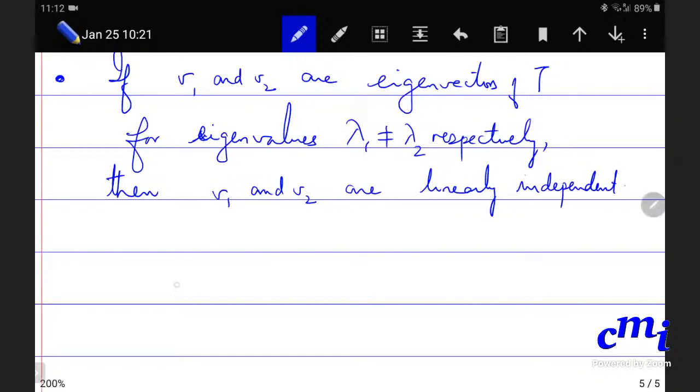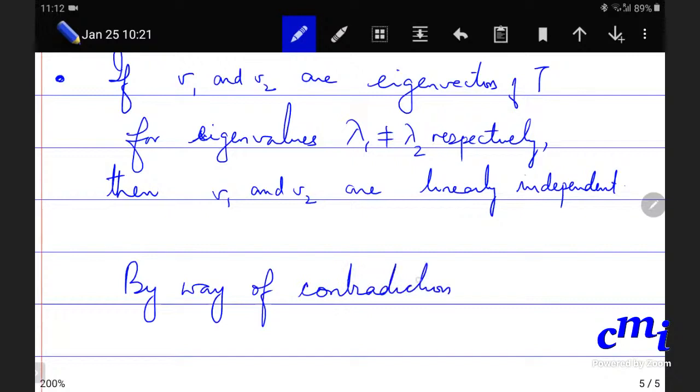So by way of contradiction, I'm just proving this.